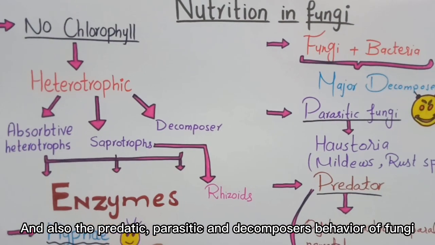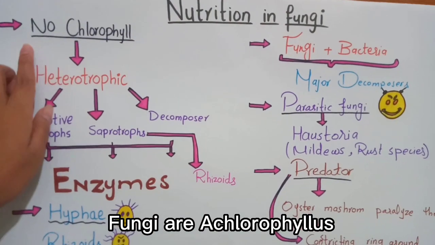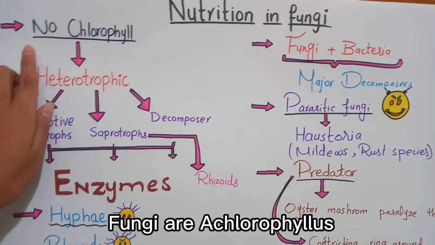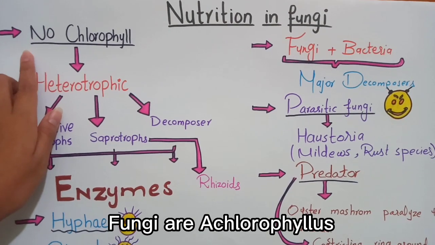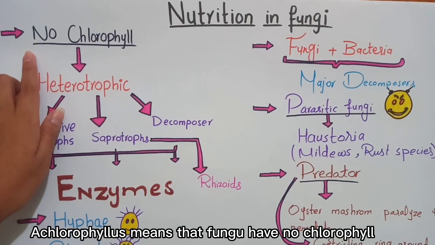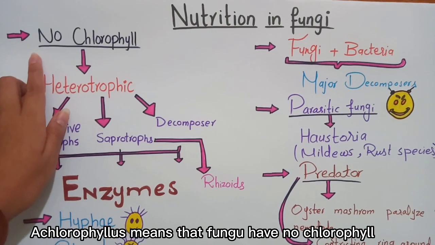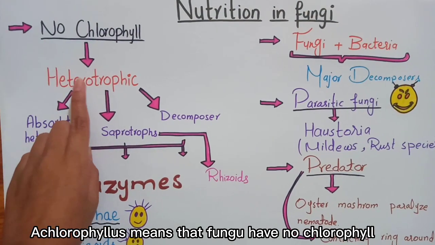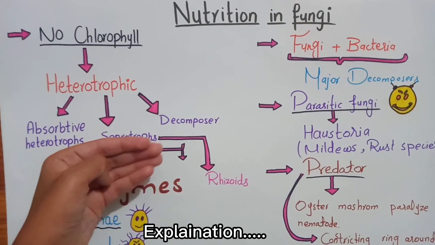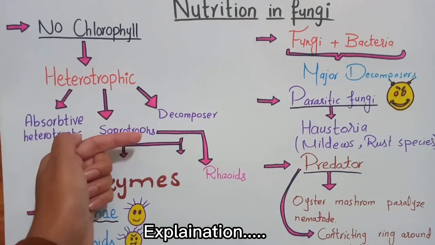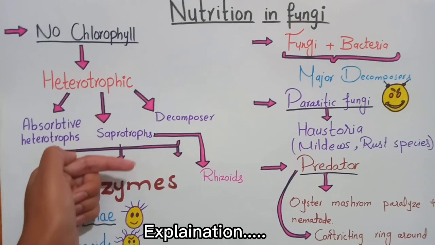So here we go. First of all is the point that fungi are achlorophyllous. Achlorophyllous means fungi are without chlorophyll. As we know, the process of photosynthesis needs chlorophyll for capturing light.